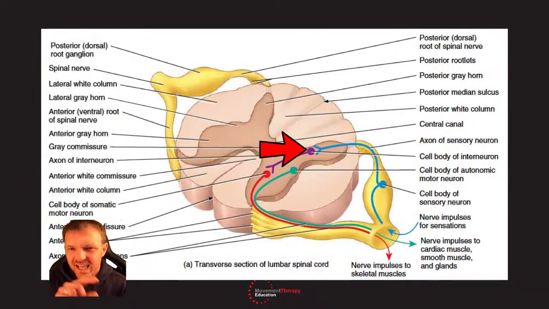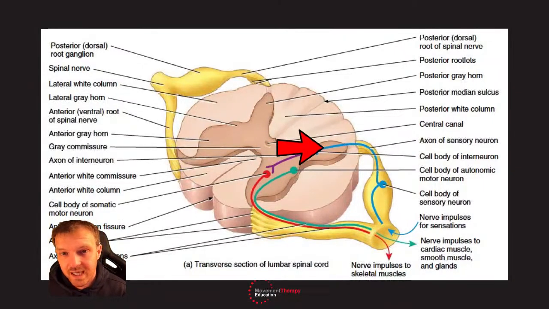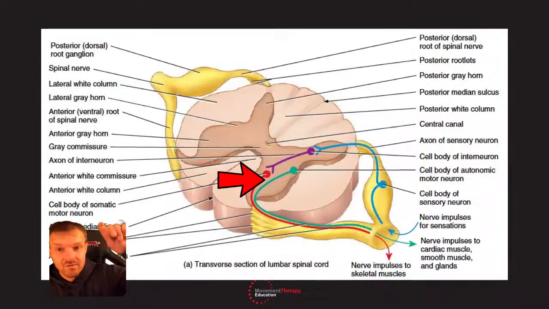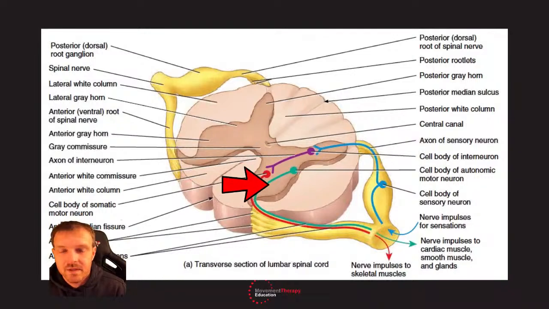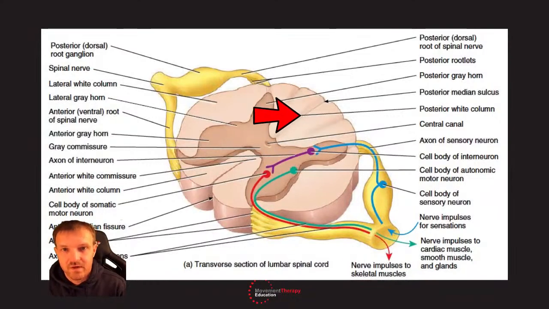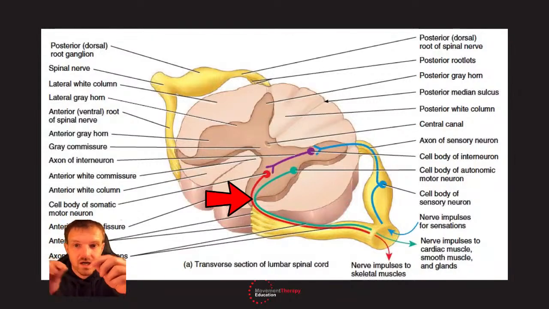So this is basically an in-between neuron. This will either communicate with a neuron at the same level, or it can be levels up or levels down and spread, and maybe even several. This is why the color of this area is different to the outside, because of the density of the interneurons that are interacting with each other.